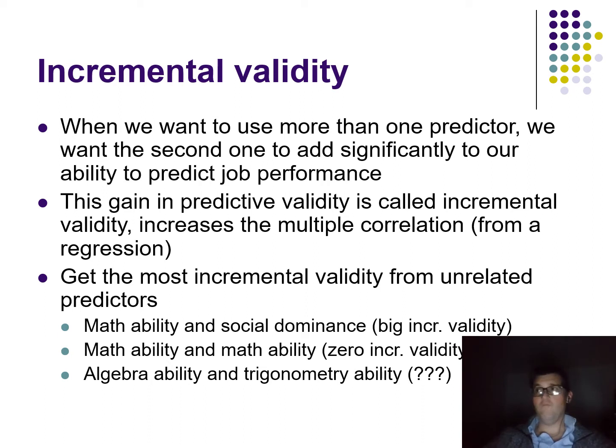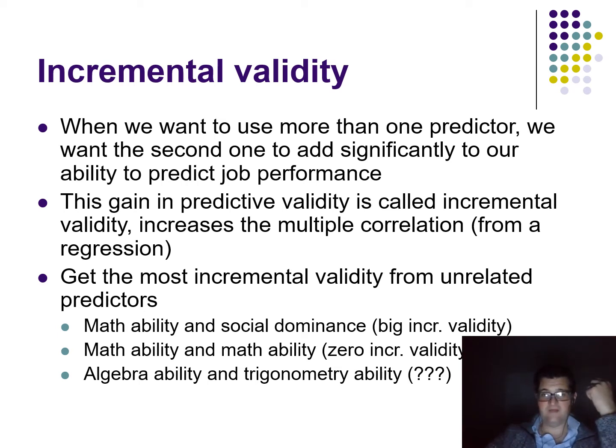We want to know more about a person's likely job performance based on combining two or more predictors. If I just have cognitive ability, that's its validity. If I add something to cognitive ability, the difference in the correlation, that difference is the incremental validity. And so in general, we get the most incremental validity from unrelated predictors.